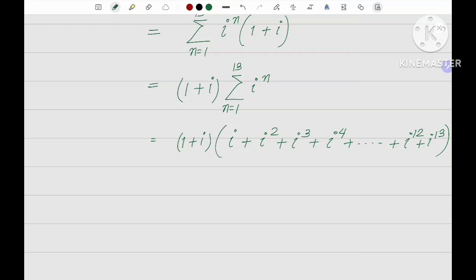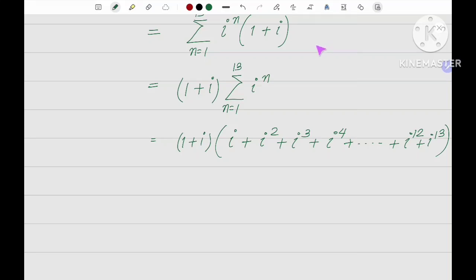And now we will recall one finding that we derived in the previous section, that the sum of 4 consecutive powers of i is 0. Integral powers, of course.